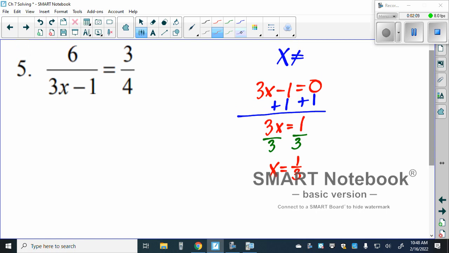So x cannot be 1/3, because if x is 1/3, then it doesn't work. And that's kind of nice to have, because if we solve this out here and get that x is 1/3, we know that that solution is not true. It does not work.